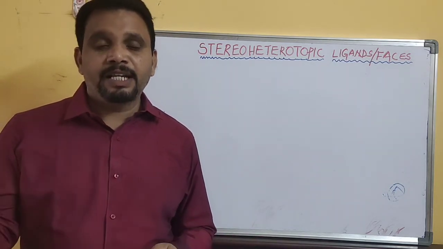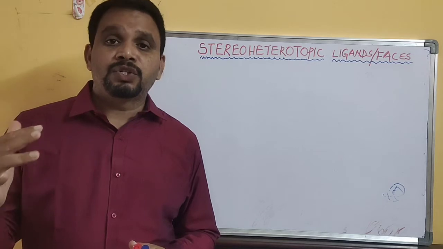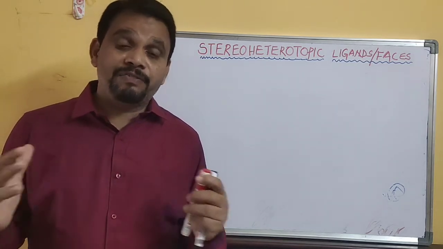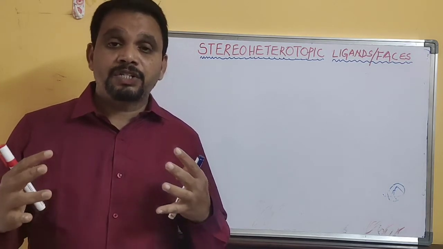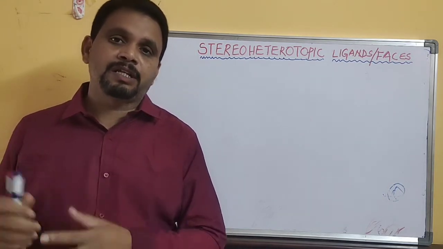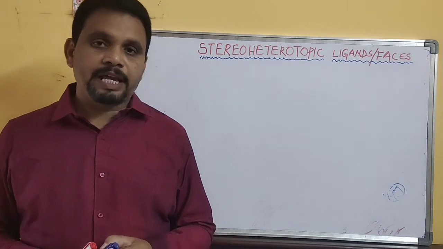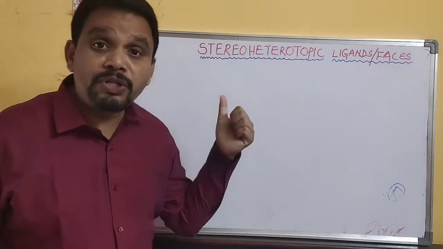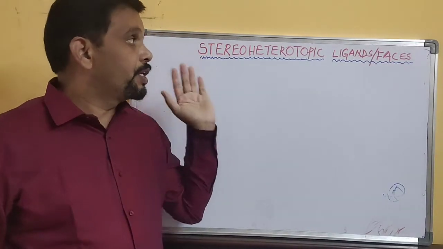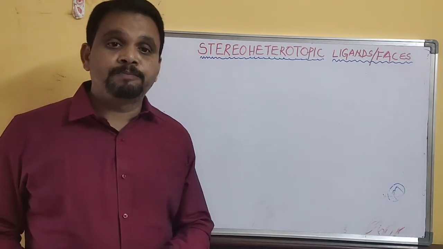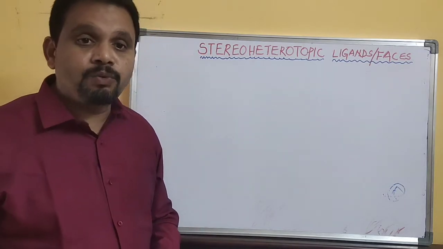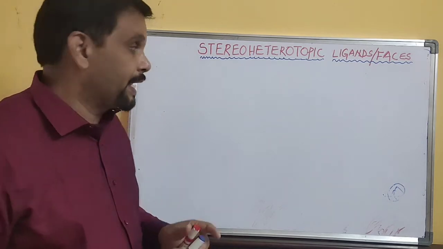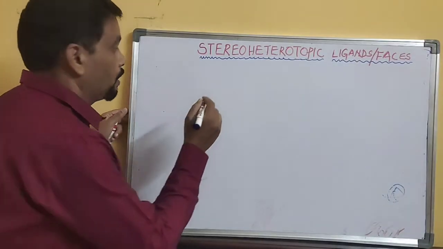Finally, structural heterotopic units can be classified as structural heterotopic ligands and structural heterotopic phases, like that. Okay, so today I am going to explain stereoheterotopic ligands and phases. First, let me define what stereoheterotopic atoms or groups or ligands and phases are.